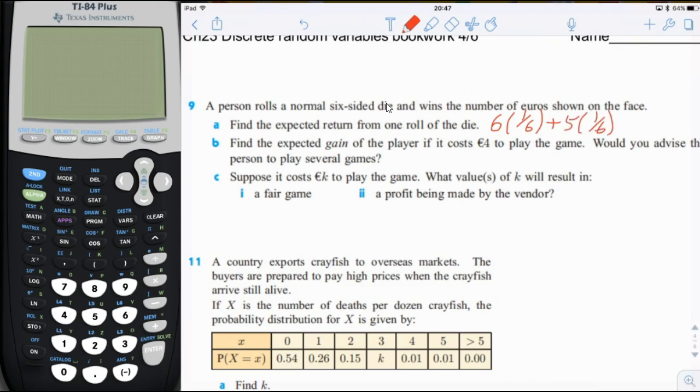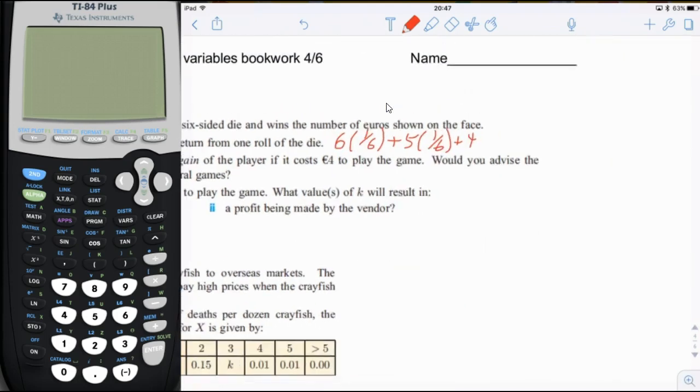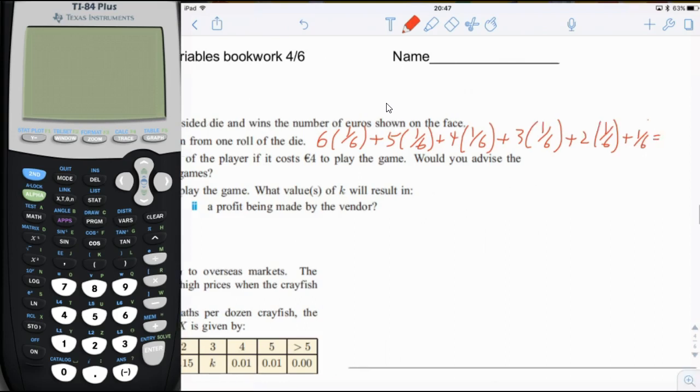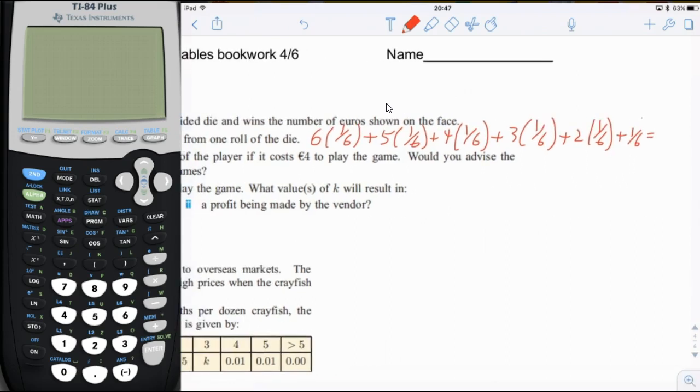You're going to get 4 euros 1/6 of the time. You're going to get 3 euros 1/6 of the time. 2 euros 1/6 of the time. And 1 euro 1/6 of the time. Okay? Basically, that's going to add up to 21/6.